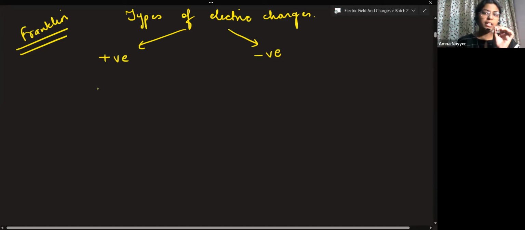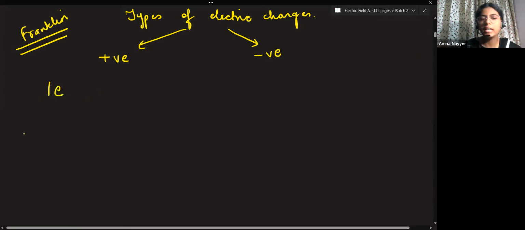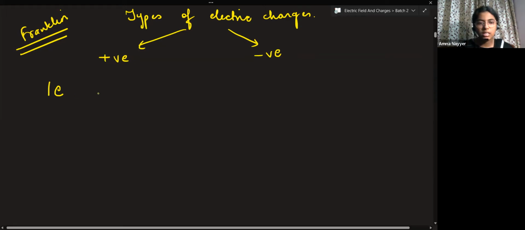When you are referring to the charge present in a single electron, this electron must be made up of charges. So what is that electronic charge? That is the value 1.6 into 10 to the power minus 19 coulombs. This is the minimum positive or negative charge that can exist in nature in free form.